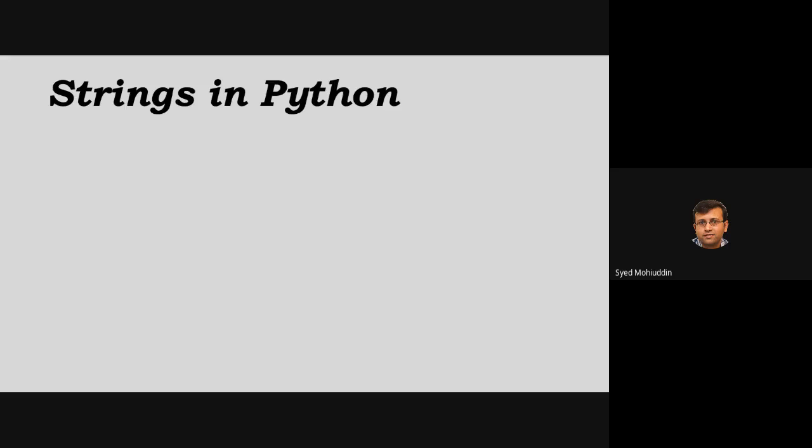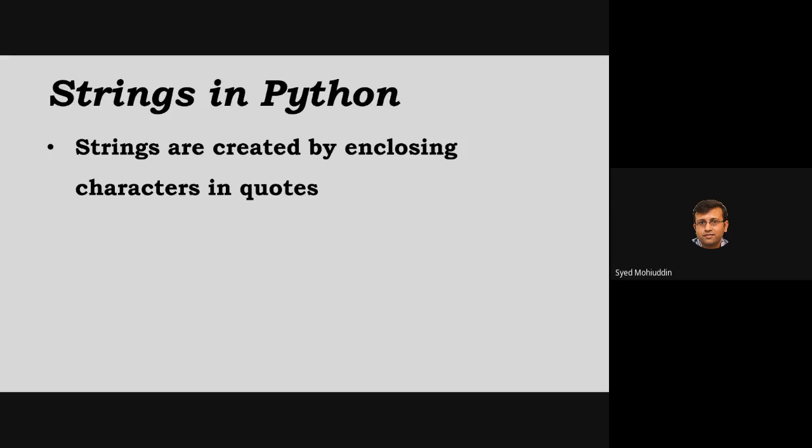Now string objects can also be created in Python. Strings, as we all know, are sequences of characters. In Python, a string can be enclosed using single quotes or double quotes.